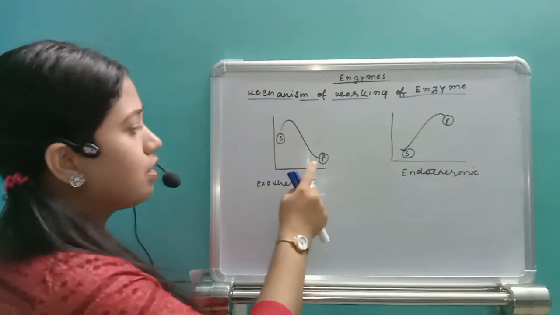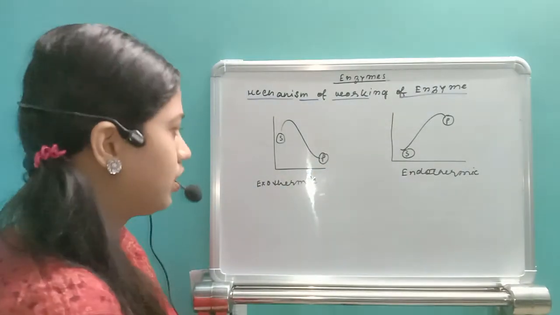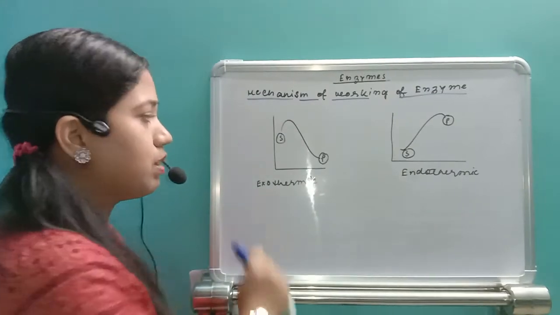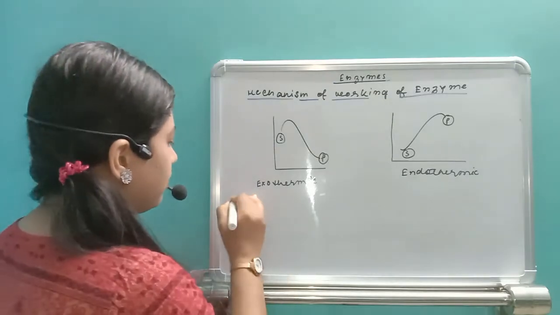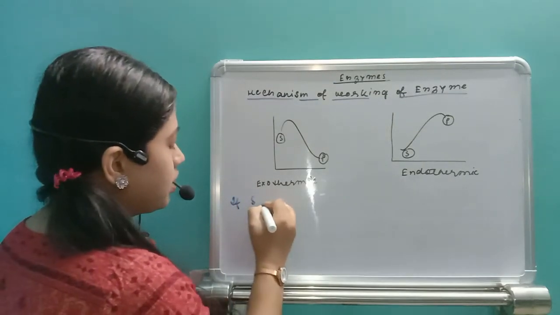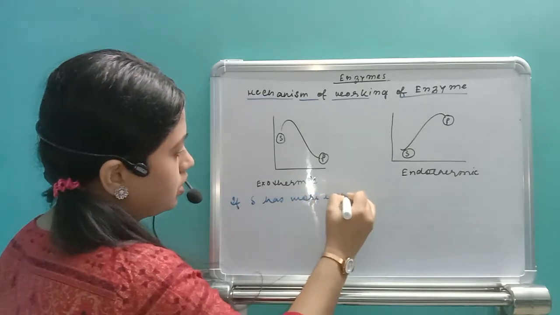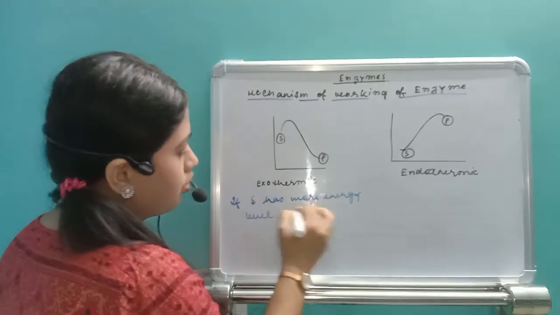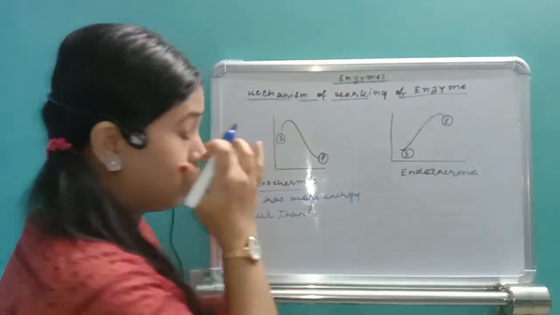If the product has a lower energy level than the substrate, that is, if the substrate has more energy than the product, then this reaction will be called an exothermic reaction.